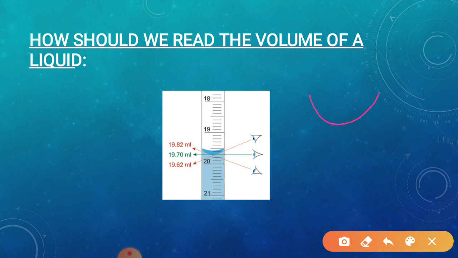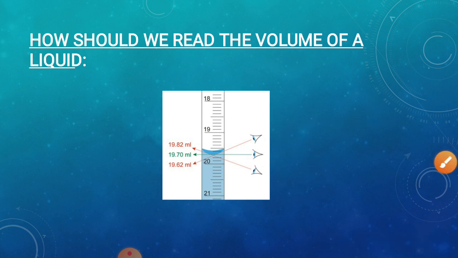The accurate way is this: keep your eye at the level of the meniscus, not above, not below, just level. And what you have to read is the bottom of the concave.